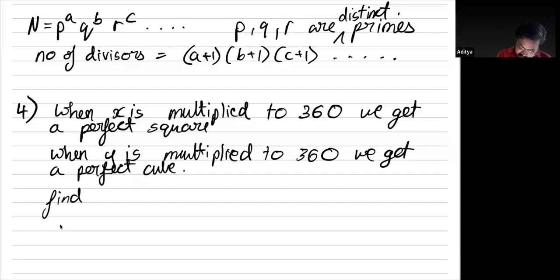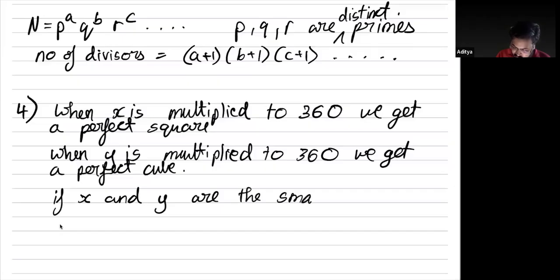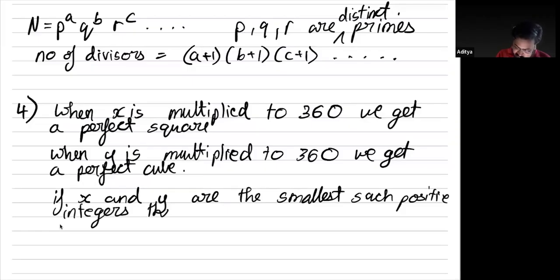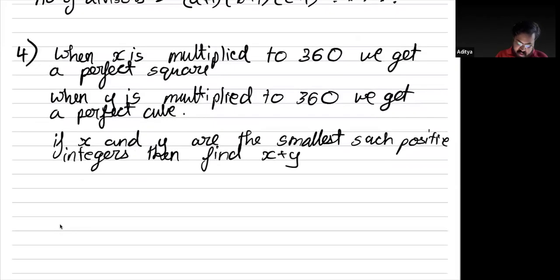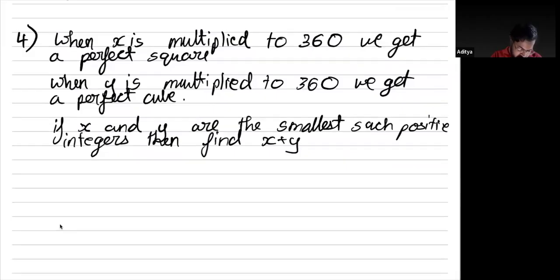Find, if x and y are the smallest such positive numbers, then find x plus y. I hope the question is clear.